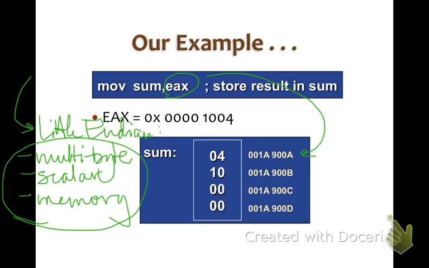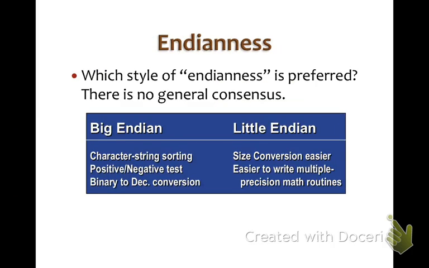So what that means when you see a multi-byte scalar value being stored in memory is the least significant byte will go in the smallest address. The next least significant byte will go in the next address, and so on and so on. Okay? So you say, gosh, that's kind of confusing. It is, but it kind of makes sense.